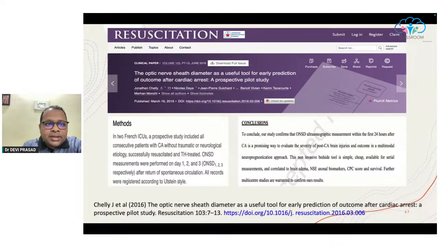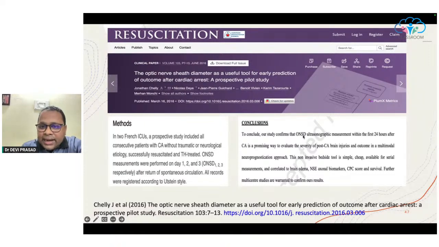So this came in Resuscitation, and this was done by Shelley et al., in which, in two French ICUs, a prospective study included all consecutive patients with cardiac arrest without traumatic or neurological etiology and successfully resuscitated, and ONSD measurements were performed on day 1, day 2, and day 3 after return of spontaneous circulation.